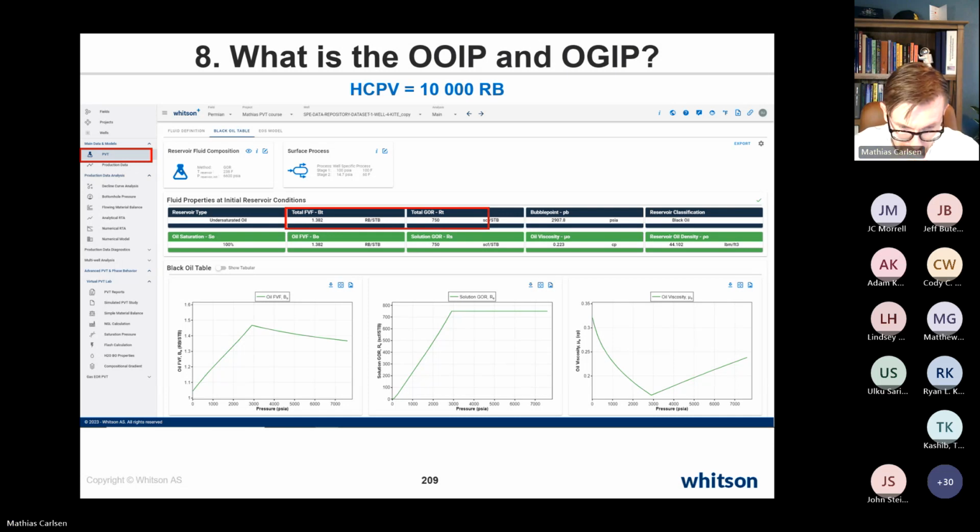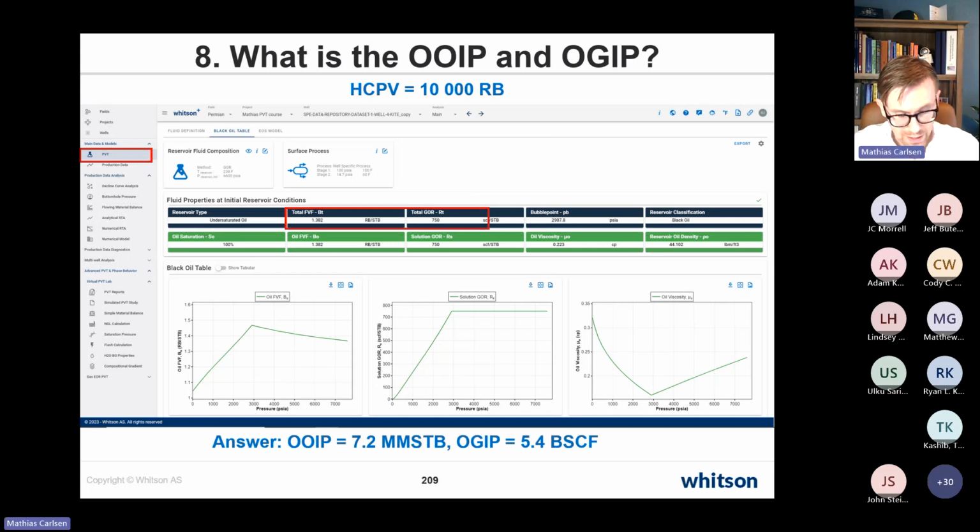That is 7.22 MMSTB multiplied by 750 scf per STB, and that gives us 5.4 BCF. So that's what I'm getting, I think. Yeah, that's what the answer was as well. So the formulas are given in the chat here.